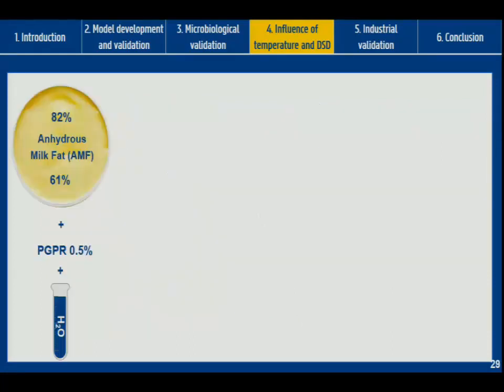How did we do this? First, we made our recombined butter. We used anhydrous milk fat in two fat percentages, 82 and 61%. We added some PGPR, which is an emulsifier, polyglycerol polyricinoleate, to stabilize the emulsion, and then the rest was distilled water.